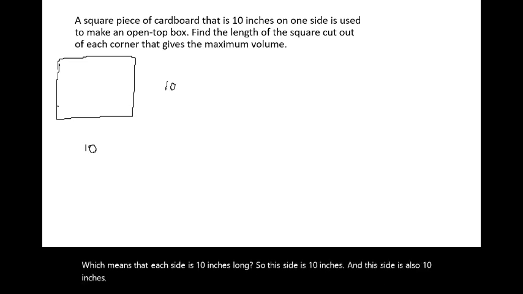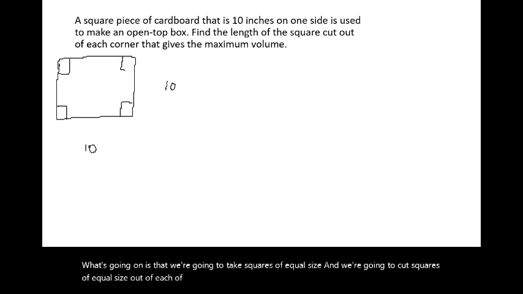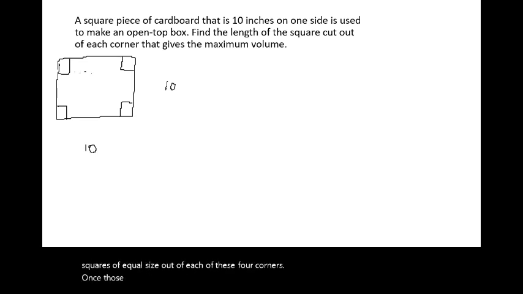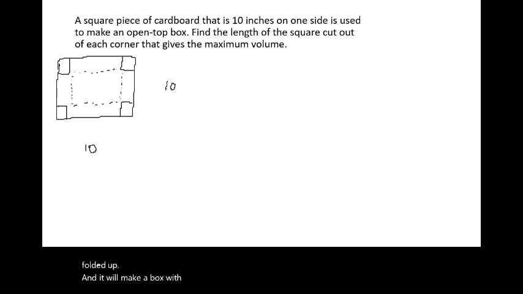What's going on is that we're going to cut squares of equal size out of each of these four corners. Once those are cut out, each of these flaps are going to be folded up, and it will make a box with no lid. That's basically what we're doing here.